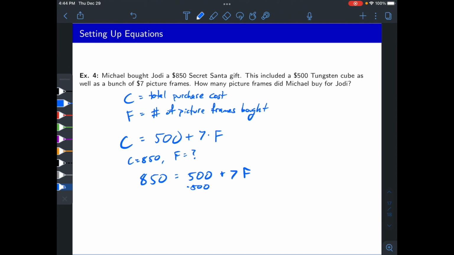We get 350 on the left and 7F on the right. And then we just need to divide by 7. 350 divided by 7 is just 50. So that would tell us that Michael bought 50 picture frames.